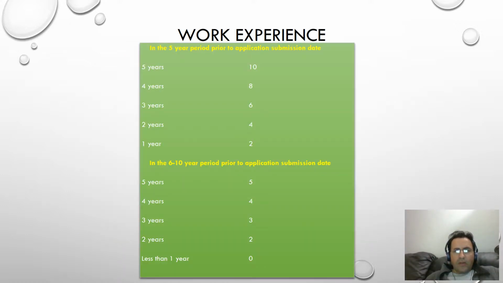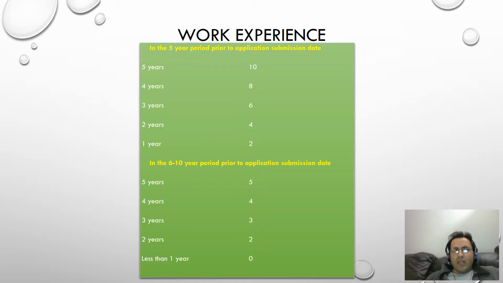Let's talk about the work experience. If you have 5 years of prior work experience, you can get the maximum of 10 points. I spoke before about the work experience. If you are going to provide work experience, you need a reference letter or experience letter, and that letter should be according to the criteria.